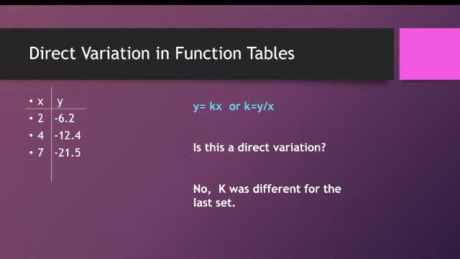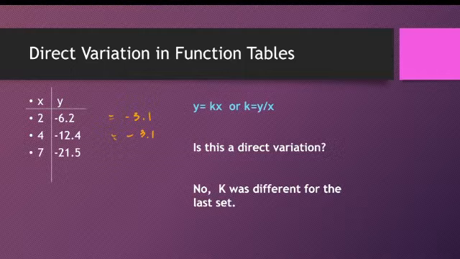So if we divide 6.2 to 2, we will get 3.1, so that is negative 3.1. Tapos when we divide naman 12.4 to 4, we will get also negative 3.1. So dito sa dalawa, common naman siya.